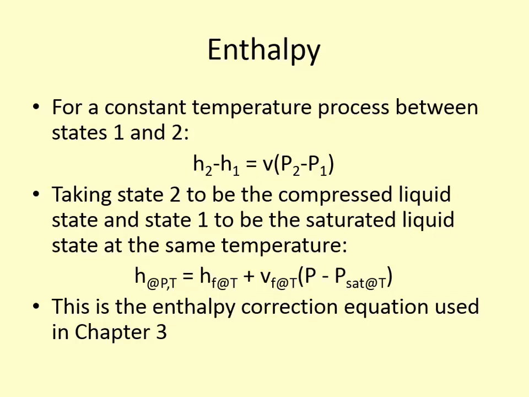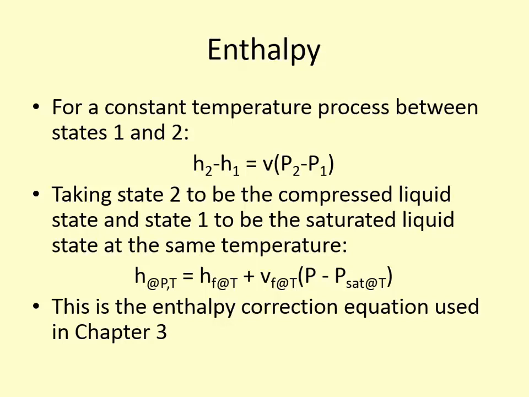Then we can use this enthalpy equation, or this correction equation. We can show that it's valid for finding the enthalpy of compressed liquids using the saturated liquid approximation. Previously, when we looked up U sub f, we just used the value for compressed liquids at the same temperature.